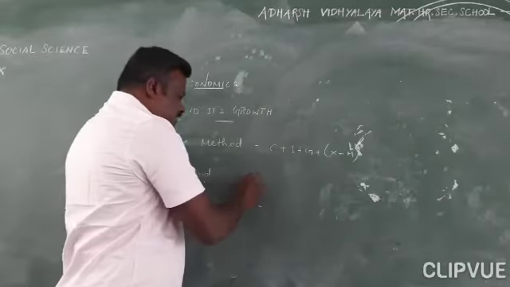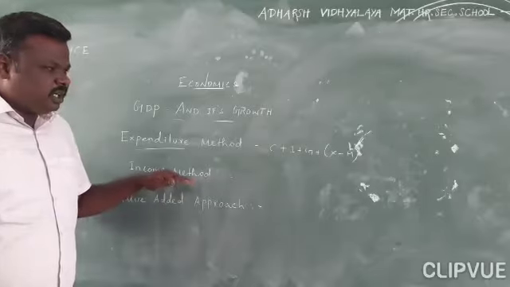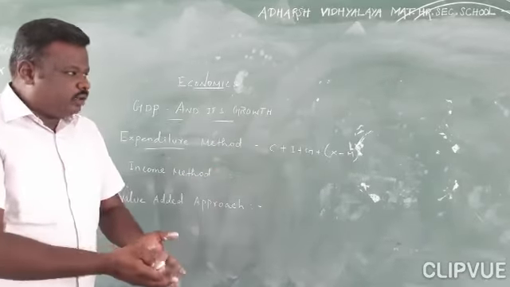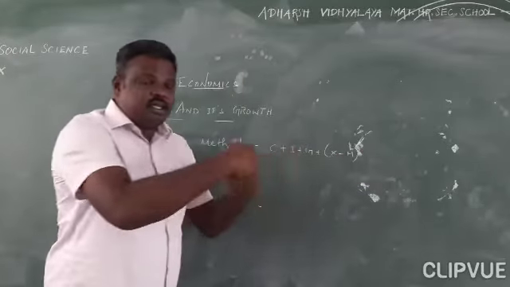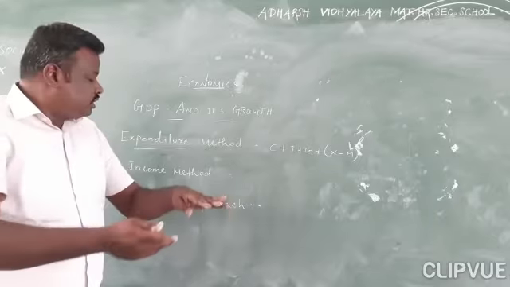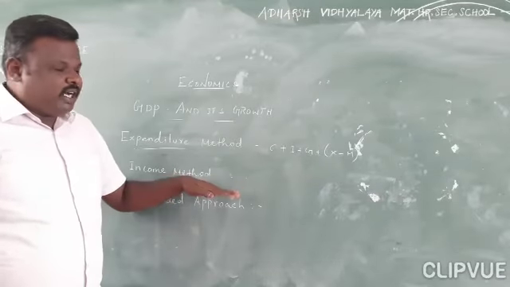So next you see the income method. This is quite different. In the income method, the men or women, they produce the final goods. Now this is the output. But we produced the final goods, and some people are working, that is men or women, that's not a matter.